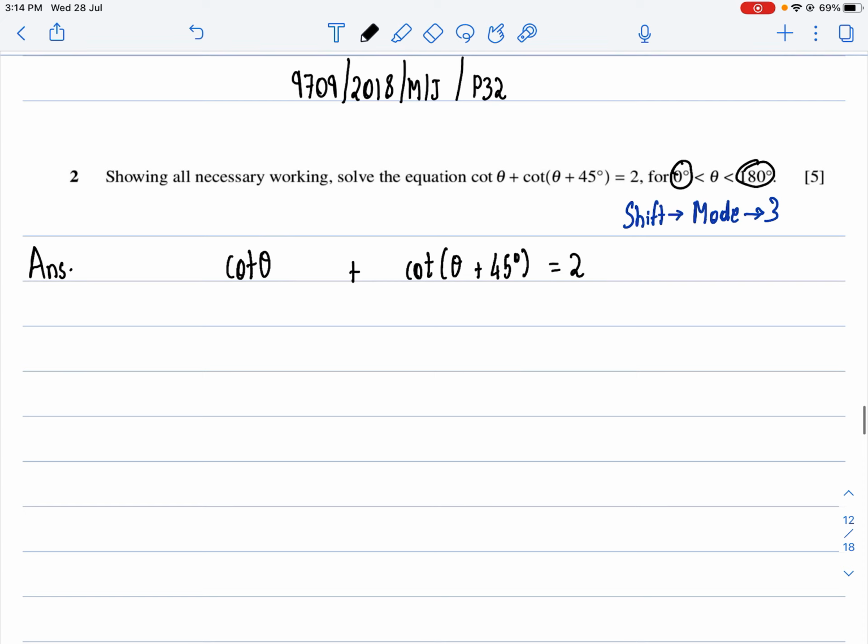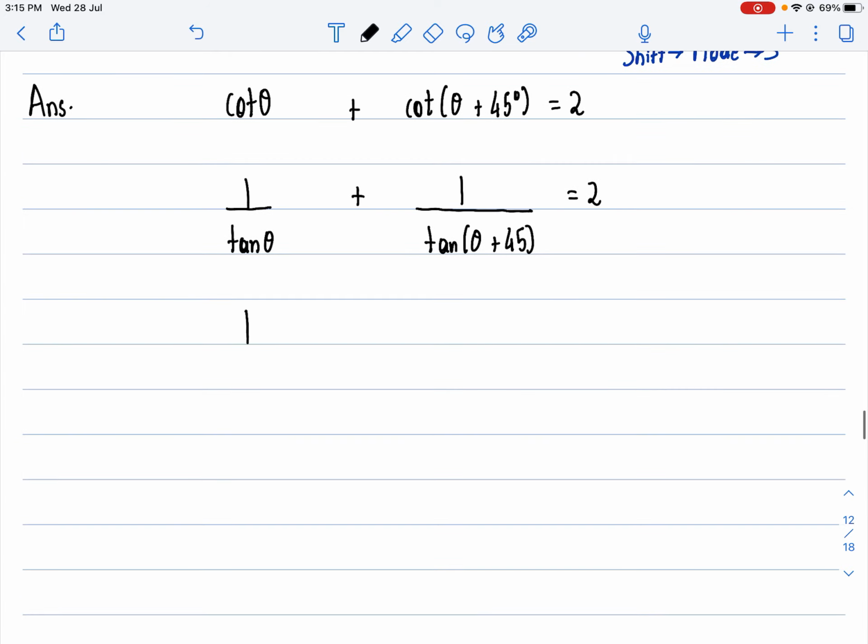So cot theta is basically 1 divided by tan theta, correct? So I can write cot(theta + 45 degrees) as 1 over tan(theta + 45 degrees), which is equal to 2. So I can simply write this as 1 over tan theta plus 1 divided by, I can use the tan compound angle formula here in the denominator.